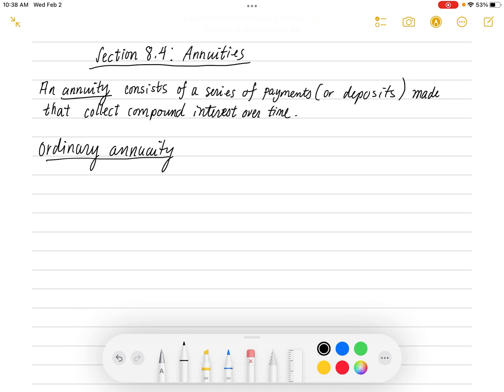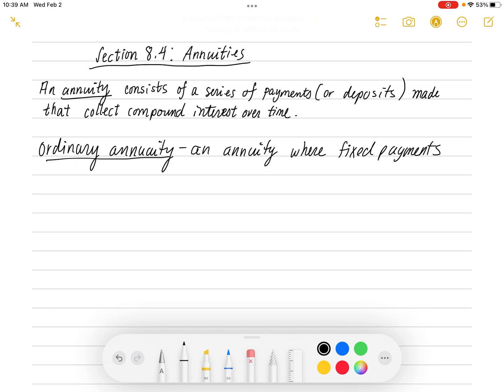An ordinary annuity is just an annuity where fixed payments are made at the end of each compounding period. So by fixed payments, we mean it stays the same amount every compounding period.